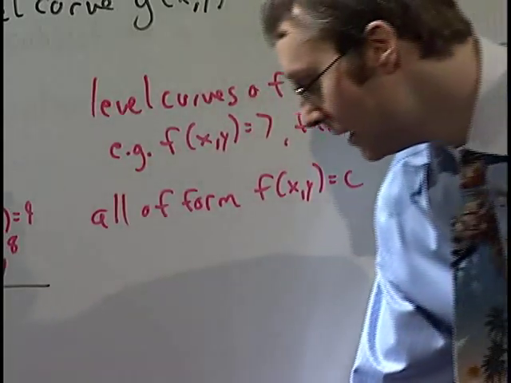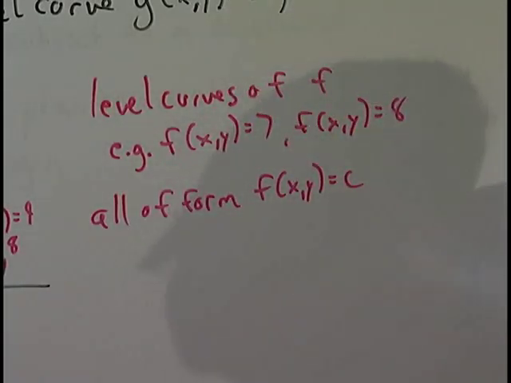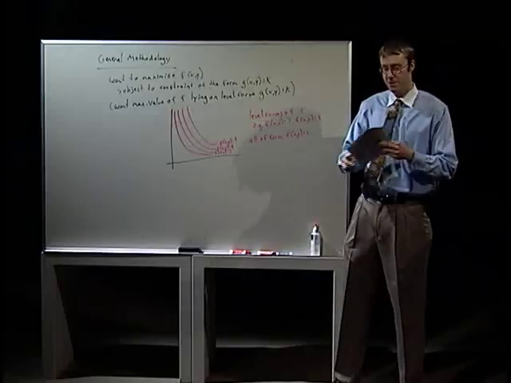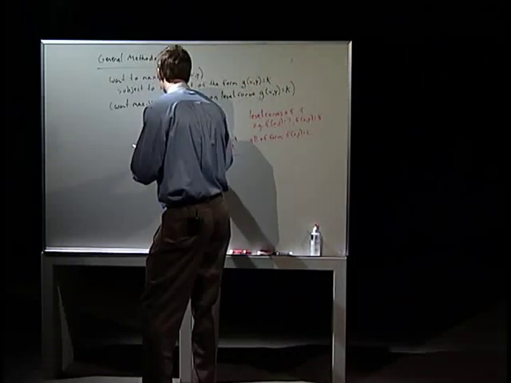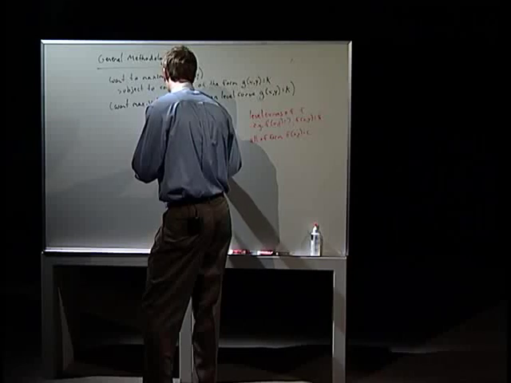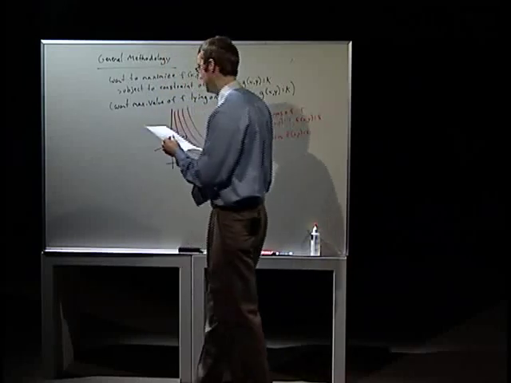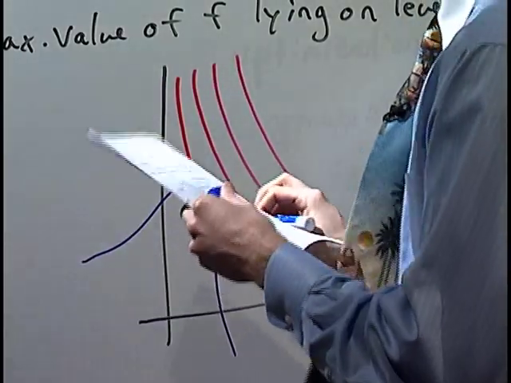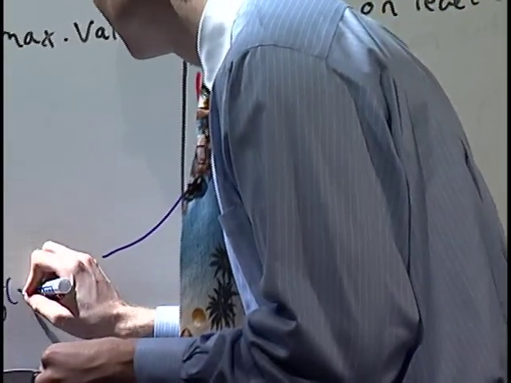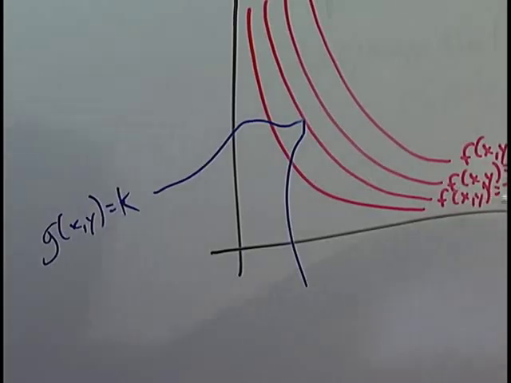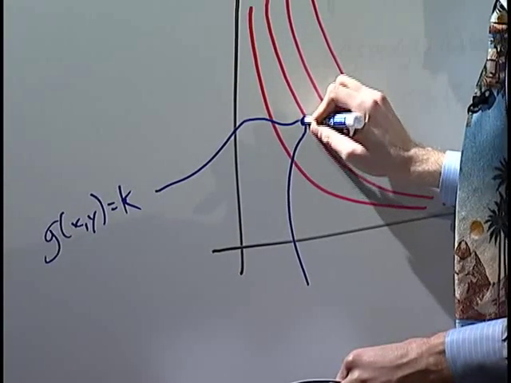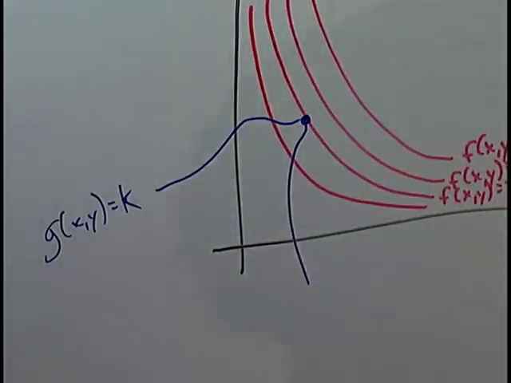Well, let's put up here in blue then where our level curve of g is. So maybe our level curve of g looks something like that, right? Maybe this is g of x, y equals k, and maybe it hits a level curve of f right there, okay?